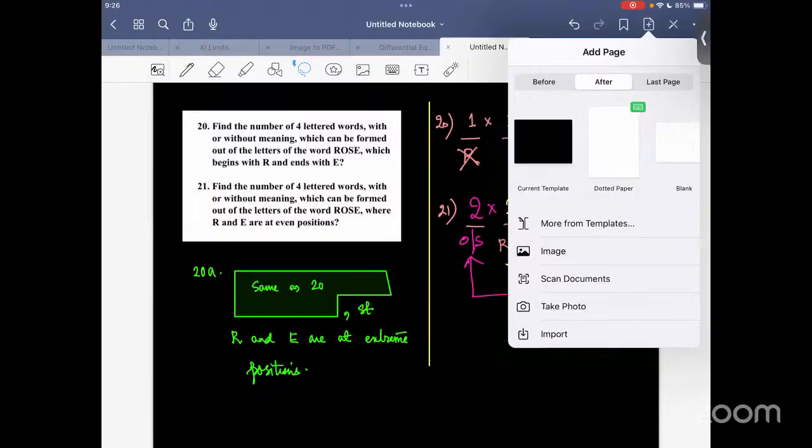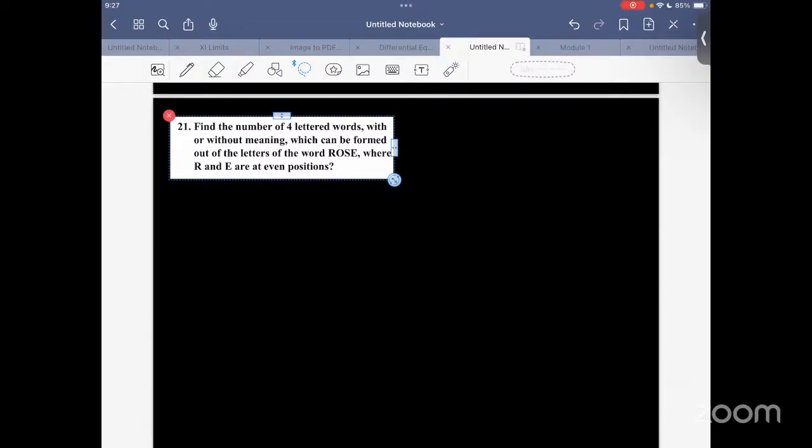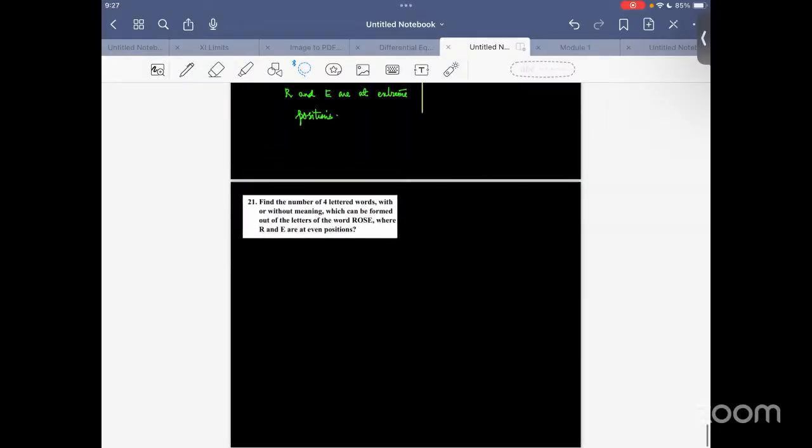Very good question. We'll attempt it in two ways. One is using the fundamental principle of addition, and the other is using the fundamental principle of multiplication. So you get clarity on where to use what.